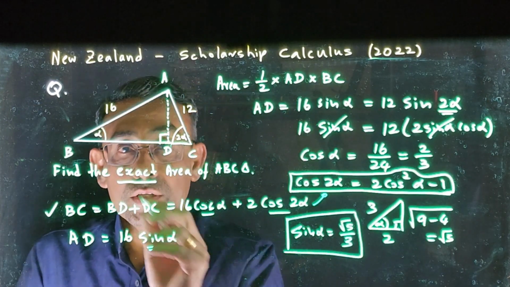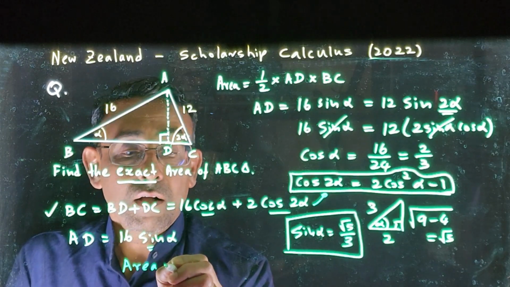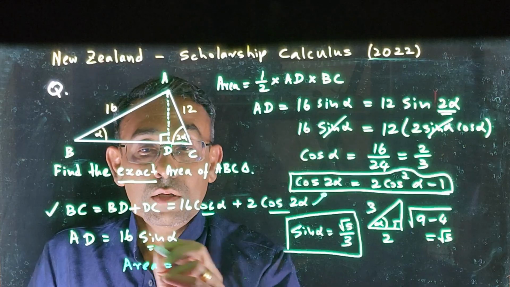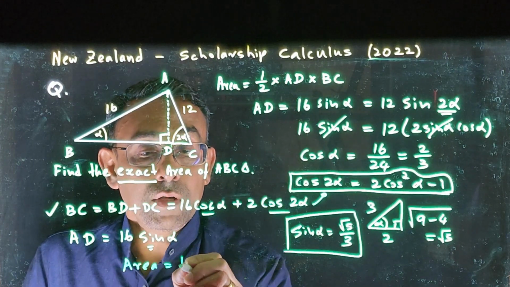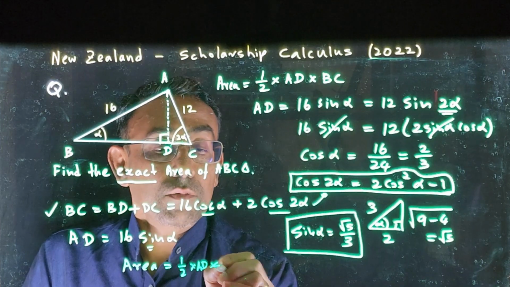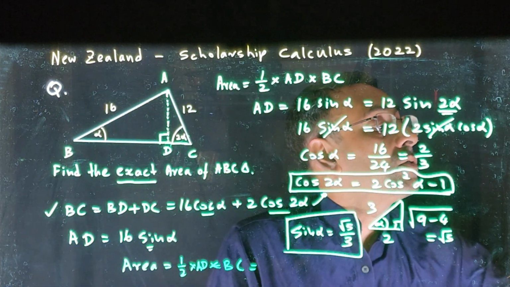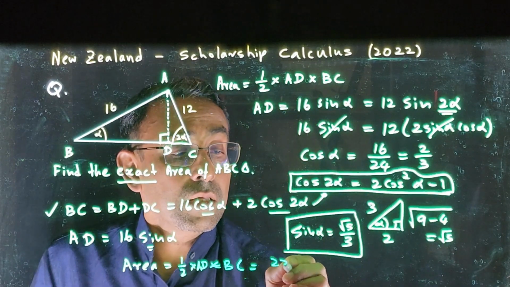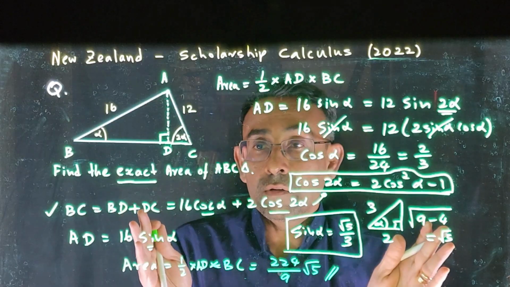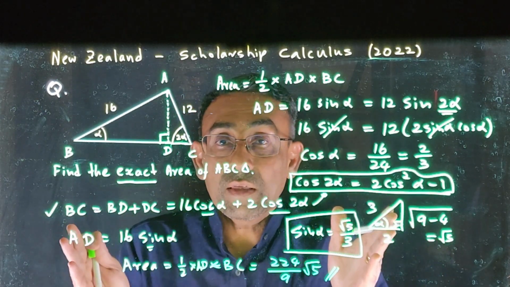If you substitute all these into your equation, you should be able to get the area of this triangle, half times AD times BC, which finally simplifies to, let me check the answer, 224 over 9 root 5. Please try to simplify, because as I like to do here, I don't want to give everything.